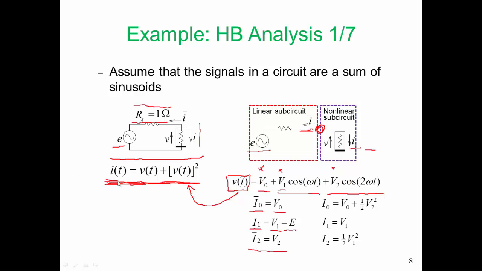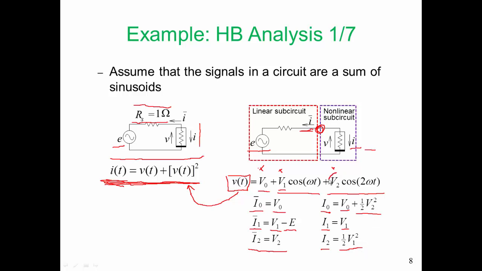I then group the current components in terms of their phases, and this is what I end up with over here. The nonlinear current at DC, I0, is equal to V0 plus a half V2 squared, so it's the rectified version. Our nonlinear current at I1 is just V1 when I do the trigonometric expansion, and the nonlinear current at I2 is just equal to a half V1 squared.